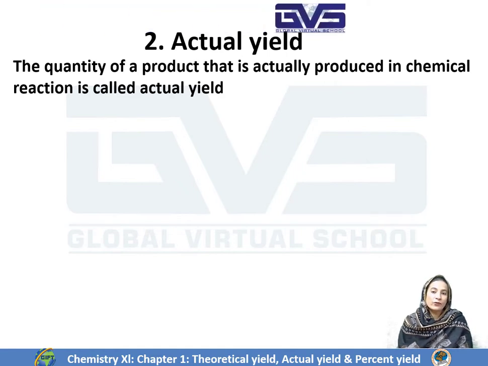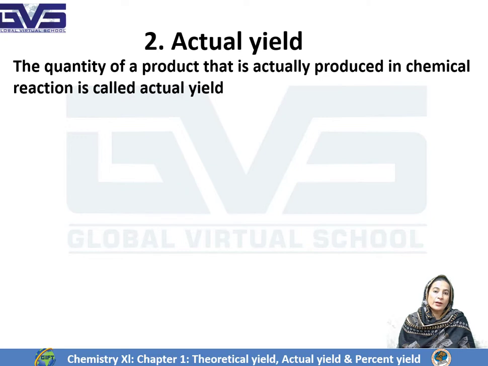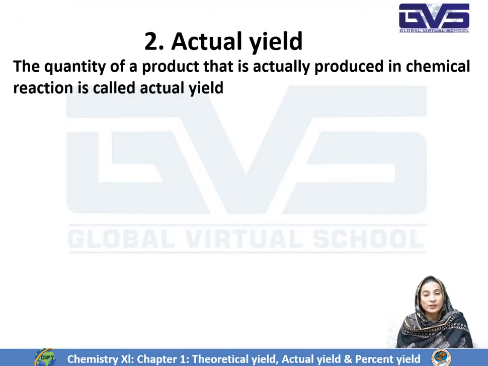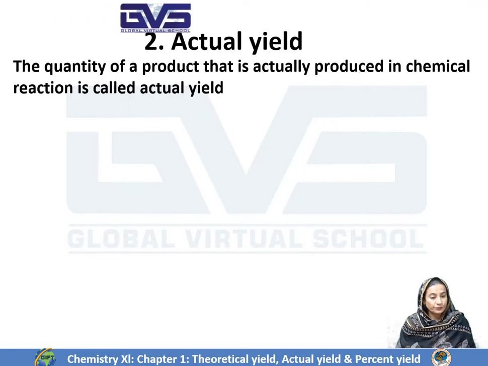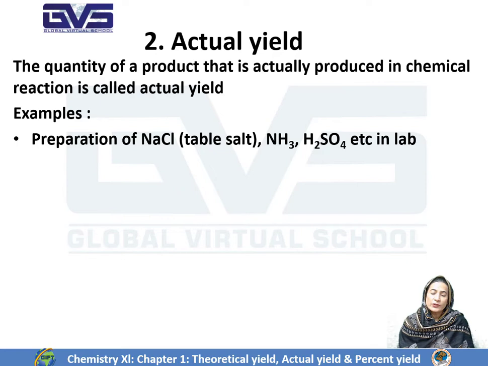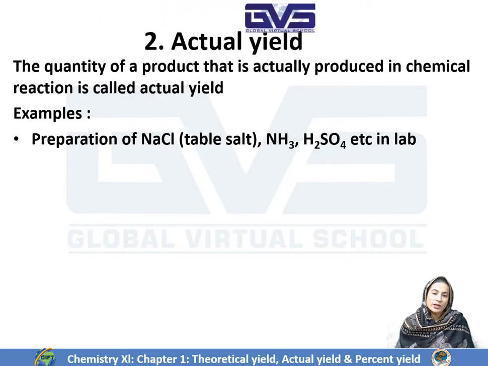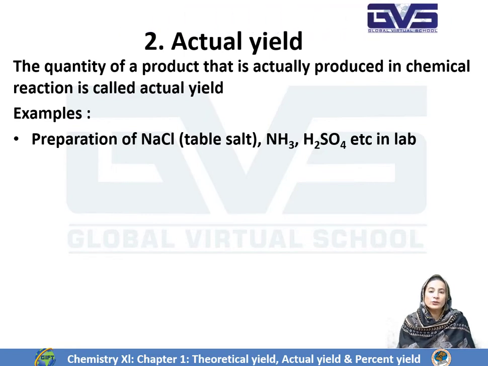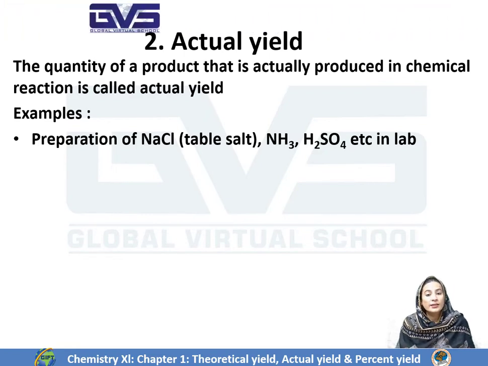Similarly, sodium chloride formation: you mix the sodium and chlorine, you get the sodium chloride in dried form, that is the actual yield. So preparation of sodium chloride, ammonia, sulfuric acid, potassium chloride, any substance, any amount, any type of reactant you use and you get the product, that is called actual yield.